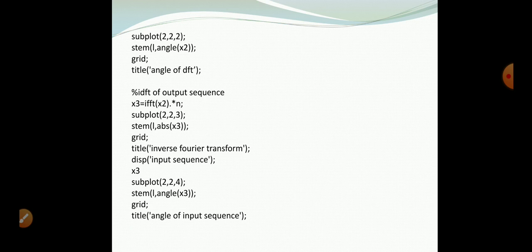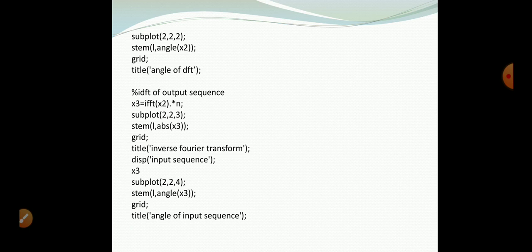Subplot 2, 2, 2 represents the DFT angle format. To represent the angle of DFT, the stem of L comma angle x2 function is used, and then grid and title are given for the figure. Then the third one is the IDFT of the output sequence.